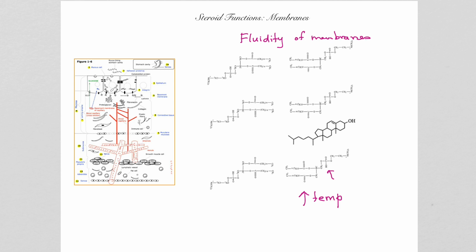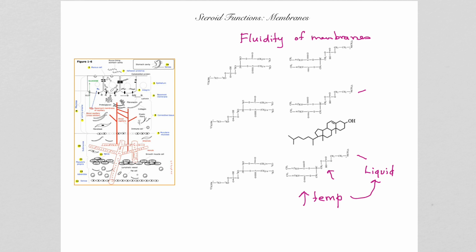The increased energy makes the phospholipids move much more and behave more like a liquid. So higher temperatures tend to make the membrane more like a liquid, just like butter melts and becomes more like a liquid at higher temperatures.